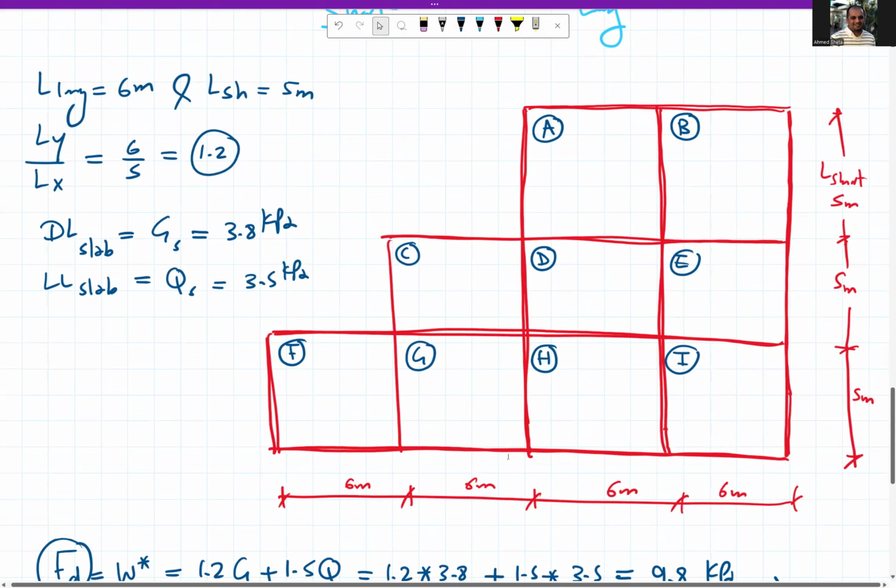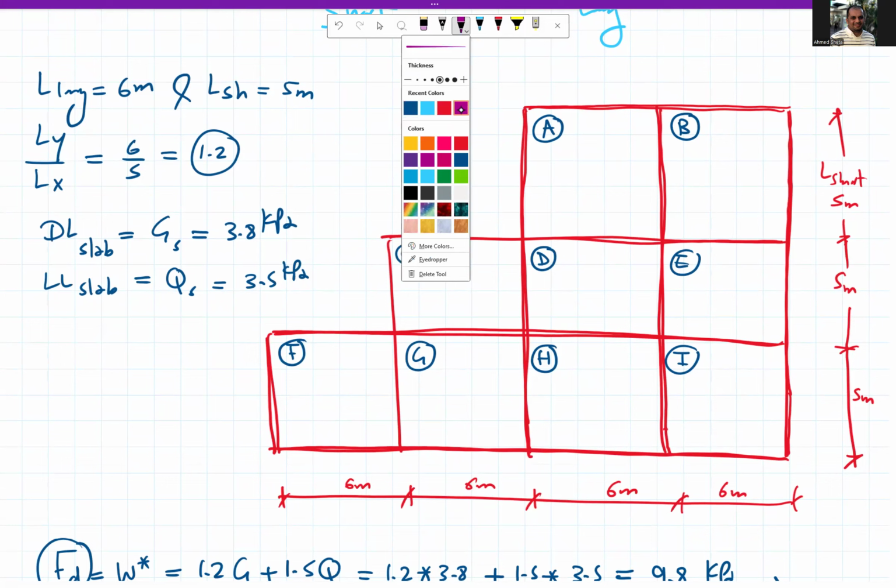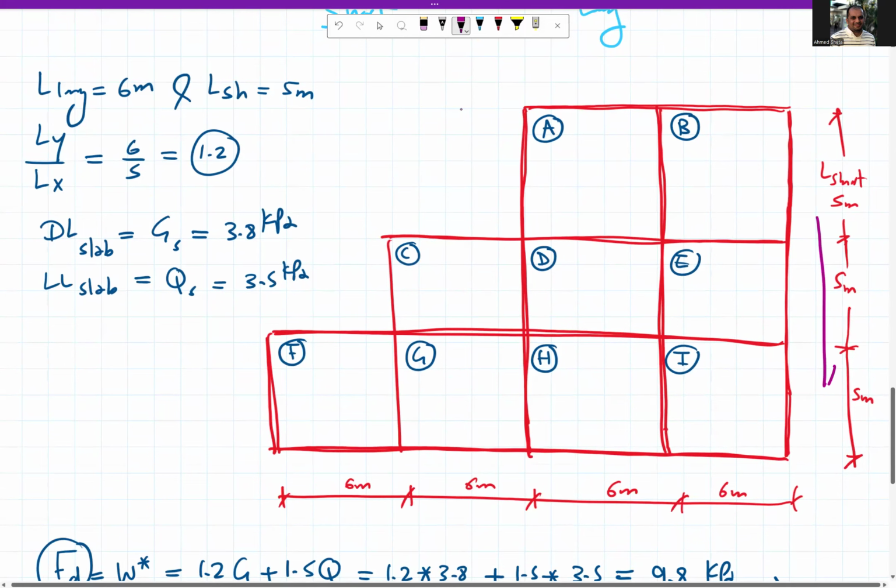Before we proceed, just to remind you that this is our short direction. So beta x will be in this direction and beta y in this direction. So this is our long direction and this is our short direction.